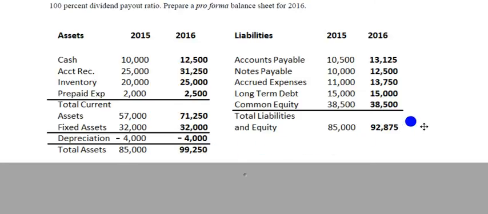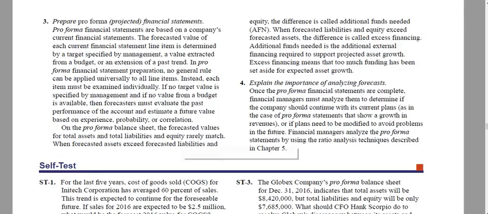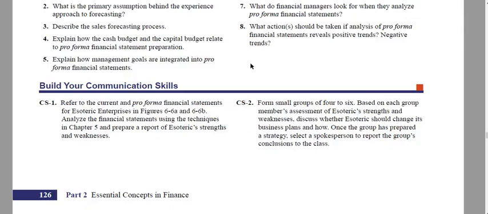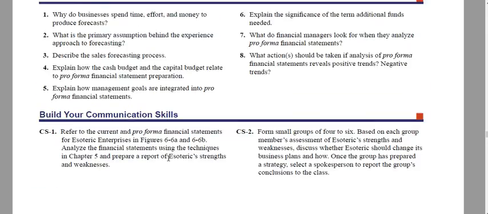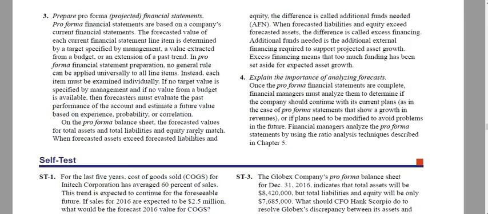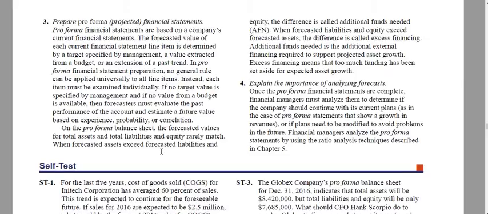Now, as you can see, they're not balanced. They're not equal. And you might ask yourself, well, why not? Is this normal? Well, if we go to our summary for chapter 6 in the book, on page 126 at the end, we can read right here: on the pro forma balance sheet, the forecasted values for total assets and total liabilities and equity rarely match.